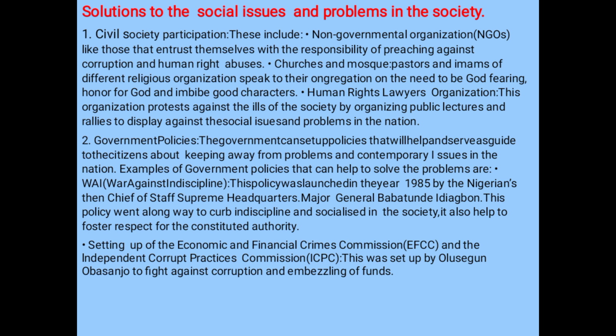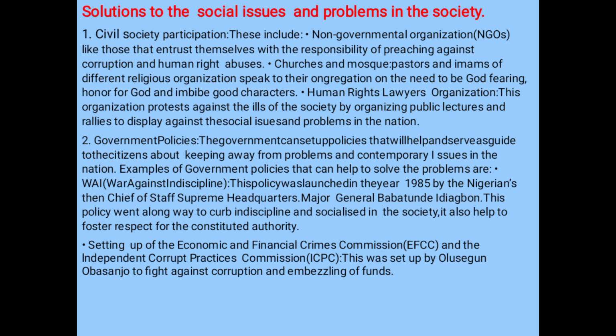Churches, mosques, pastors, imams of the different religions should speak to the congregation on the need to be God-fearing, honoring of God, and imbibing good character. Then human rights lawyers should help to protest against the ills of the society by organizing public lectures and rallies against the social issues and problems in Nigeria, in our nation.